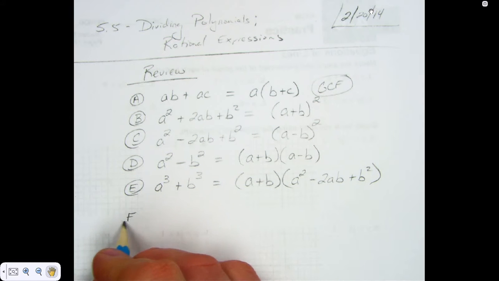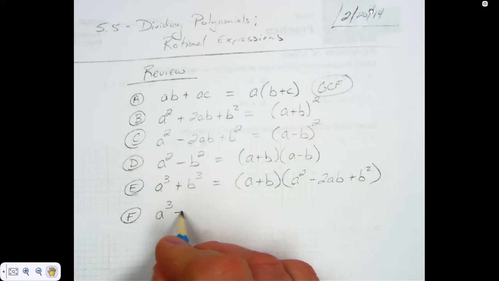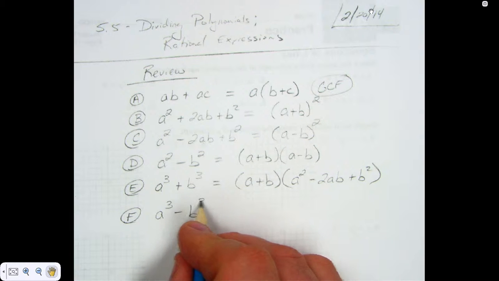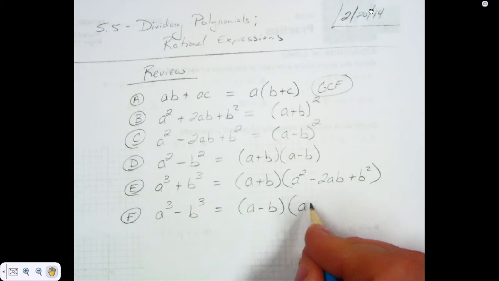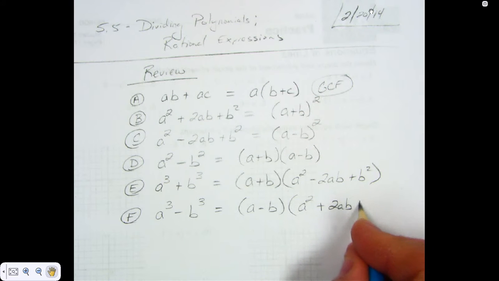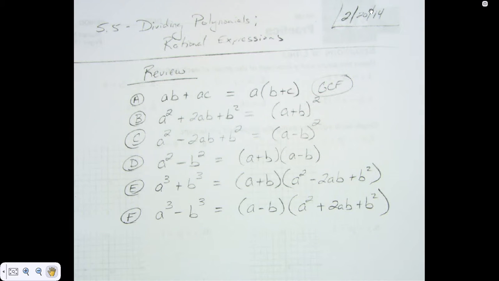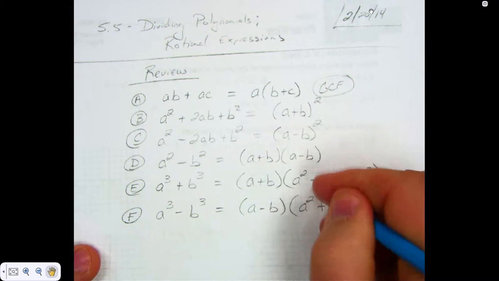And we also a to the third minus b to the third, we saw that factors to a minus b times a to the second, or I'm sorry, in this case plus 2ab plus b squared. We've dealt with all of those. I'm sorry, it's not 2ab, it's ab.